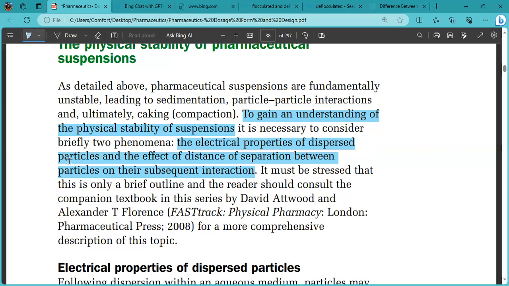The therapeutic agent could have charged organic groups such as the carboxyl group, which would easily lose the hydrogen to form COO negative, meaning it has formed anions. And the hydrogens are dispersed as cations, so it forms charged molecules. Or it could be the effect of the distance and separation between particles and their subsequent interaction.